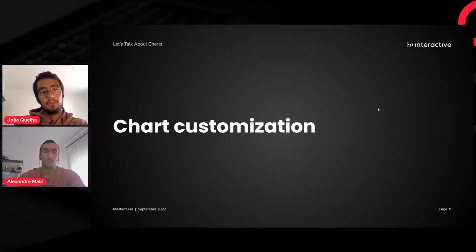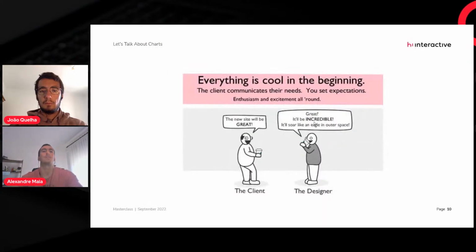So, okay, now you have a chart. And what have you done? You have added a dependency. You have used the chart widget, taking into consideration that you need to make sure that you have the data available, and now you want to customize the chart. Let's take a look at an example.